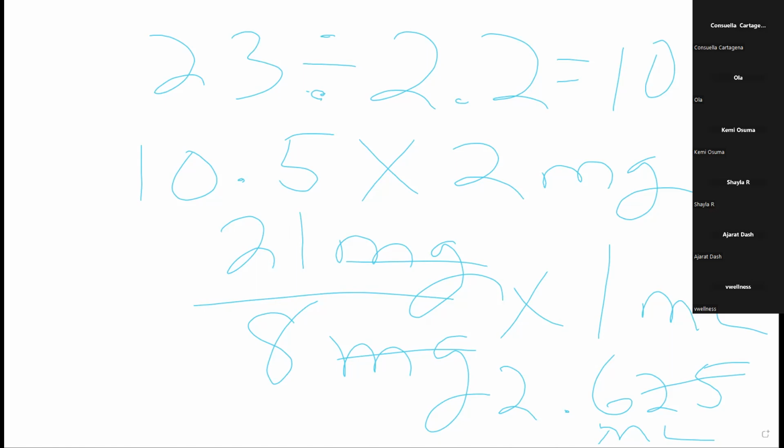In this question, when you did the 23 divided by 2.2, at that point it wanted you to round that number to the nearest tenth. Okay, now I got it. I got up to 2.6, but I got confused. Do I have to convert it again? That is where I got confused.